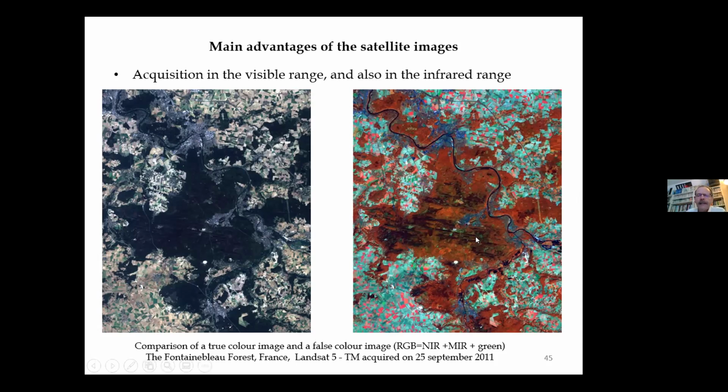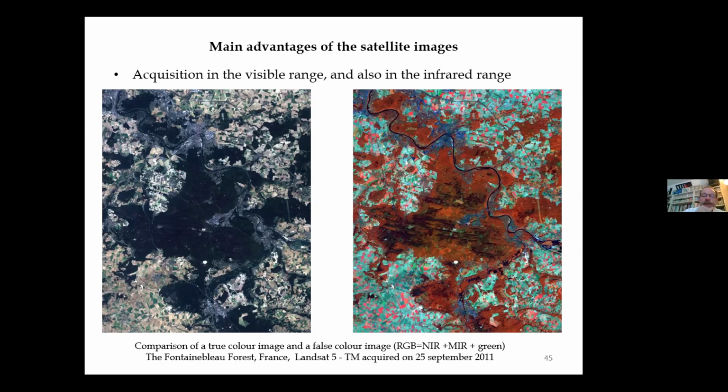And in this case, we use the near infrared range for coding the red of the red, green, blue composite, and also the mid-infrared for coding the green range.